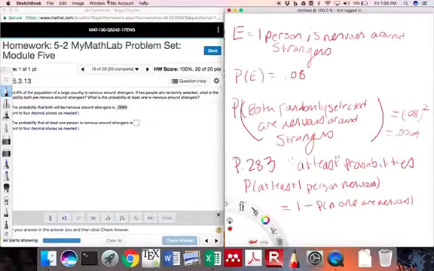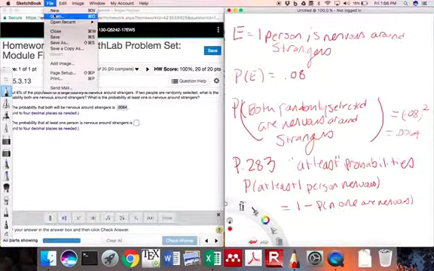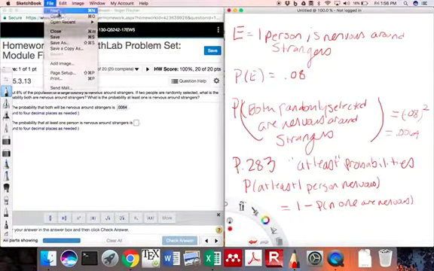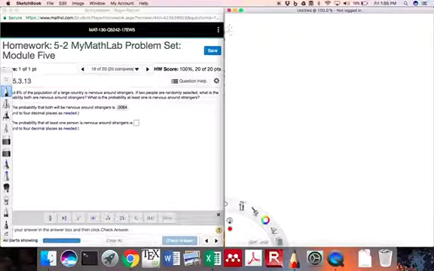Let me get a new page up here. So, new page. No, I don't need to save that. So the probability at least one nervous is 1 minus probability none nervous.